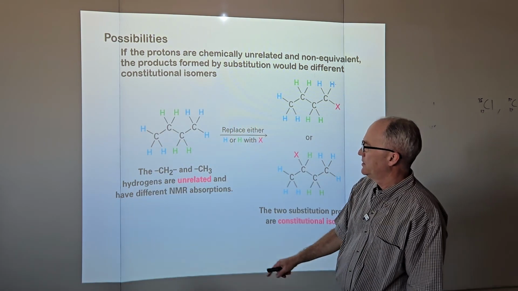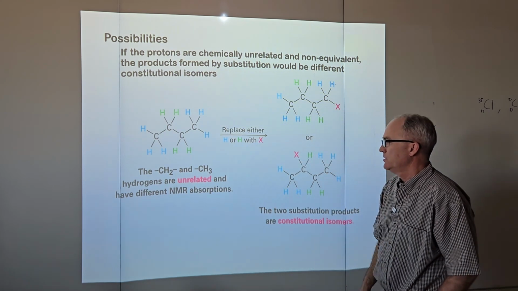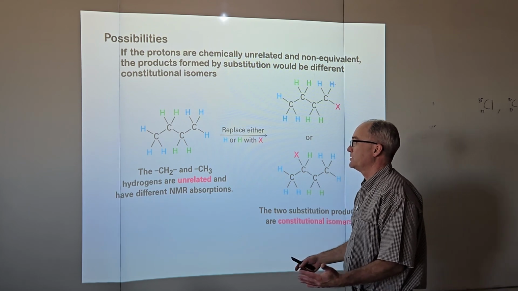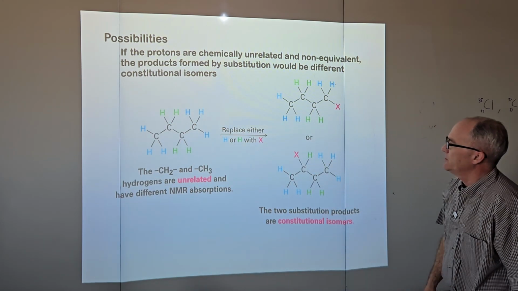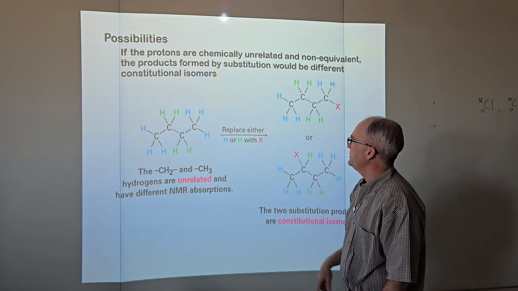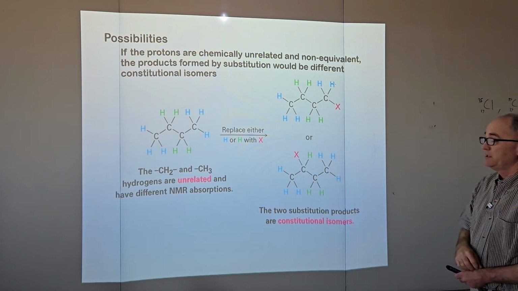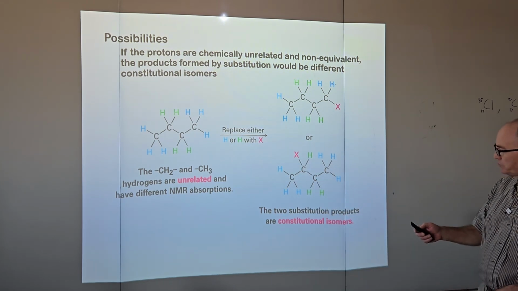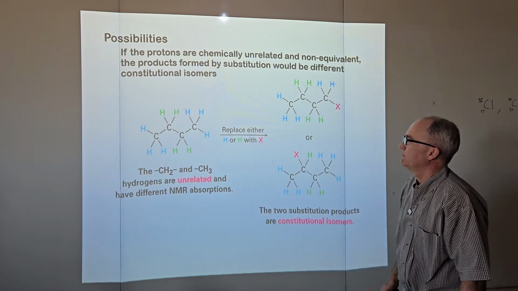Right here it says the CH2 and the CH3 hydrogens are unrelated and have different NMR absorptions, and we just drew those absorptions above it. Now if we replace the methyl or the methylene with X, like so, we have 2 different constitutional isomers. That tells us why we'd get those 2 signals to begin with.